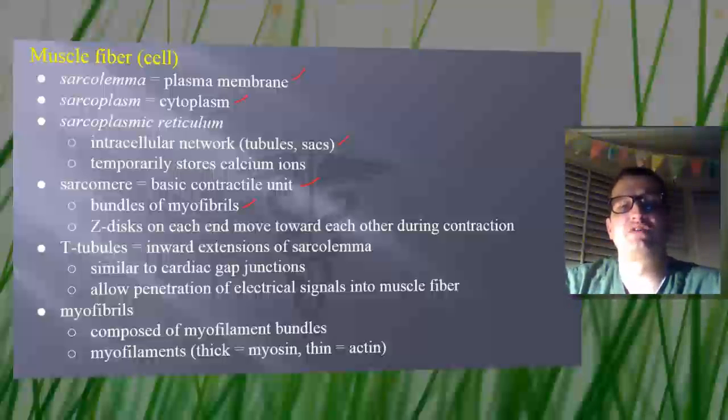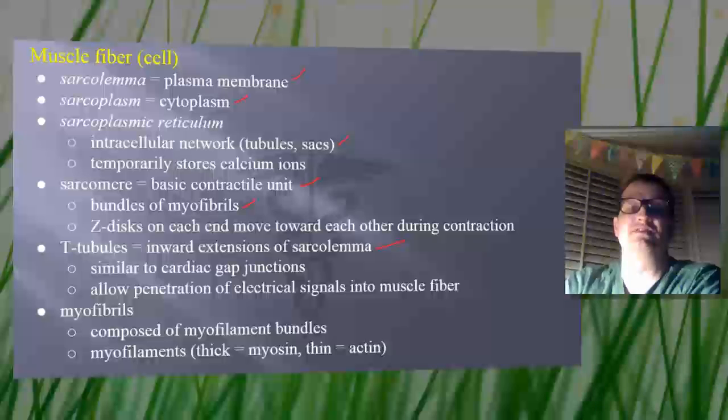Again, T-tubules are the inward extensions of the sarcolemma. These are similar to cardiac gap junctions that allow the penetration of electrical signals deep into the muscle fiber, and these are closely related to the sarcoplasmic reticulum, as I said earlier.